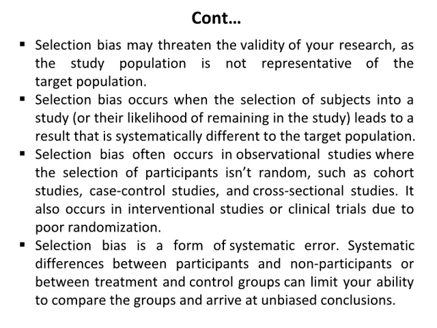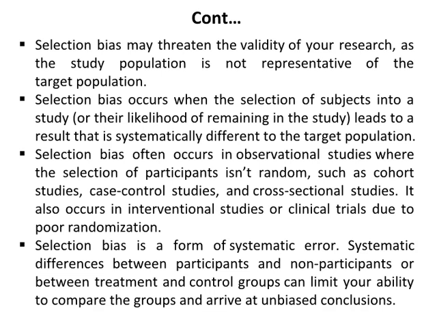Selection bias occurs when the selection of subjects into a study, or their likelihood of remaining in the study, leads to a result that is systematically different to the target population. Selection bias often occurs in observational studies where the selection of participants isn't random, such as cohort studies, case control studies, and cross-sectional studies.